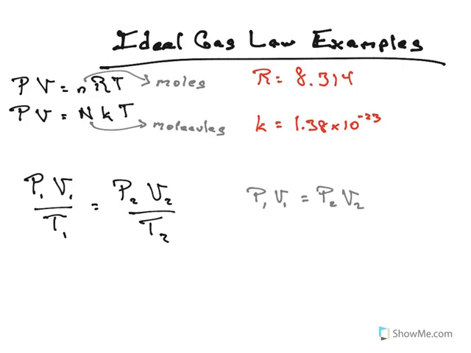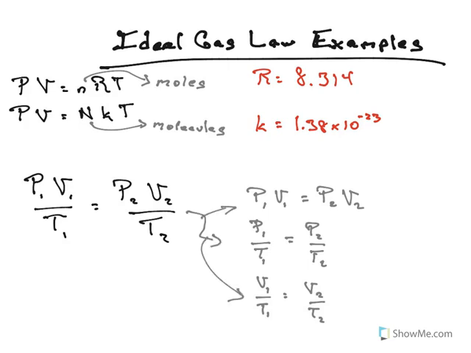So all that's left is pressure and volume. Of course, the same can go: P1 over T1 equals P2 over T2. This happens when you keep the volume the same. And then lastly, V1 over T1 is V2 over T2. And this happens when the pressure is the same. So this main equation gives you all three of these.